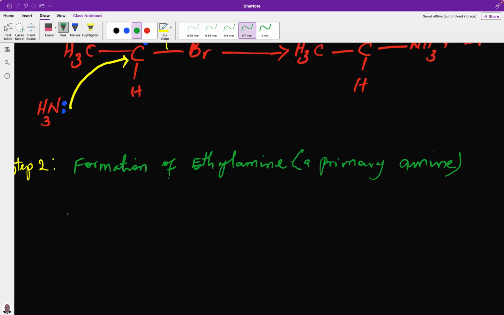Under this, let me write the equation so that you see what is happening. Formation of ethylamine.